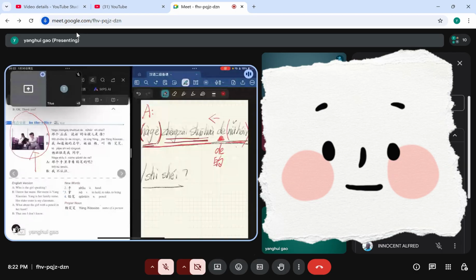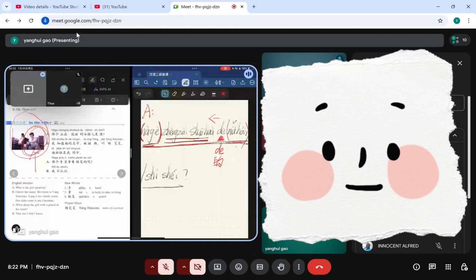Okay. So 那个正在说话的女孩. So it's a girl who is speaking. So now we know the girl is this one, right? She is speaking. Two parts, and they both are modifiers of the girl.